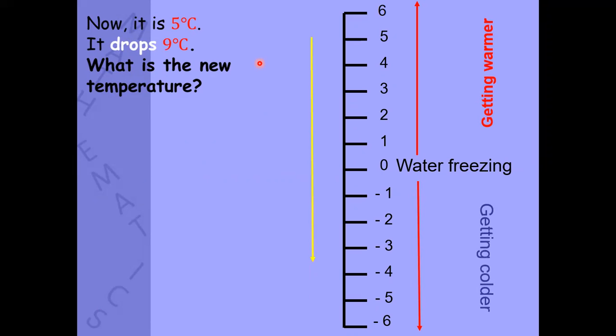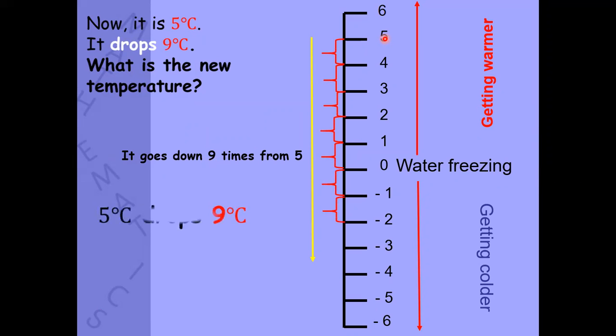So let's start. It goes down because drops means it goes down 9 times. So we are going to move down 9 times. We start from where? 5 degrees Celsius. So let's count. 1, 2, 3, 4, 5, 6, 7, 8, and 9.